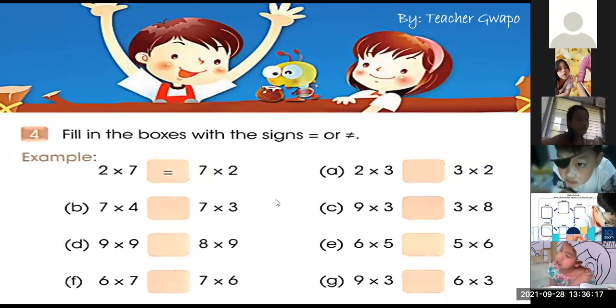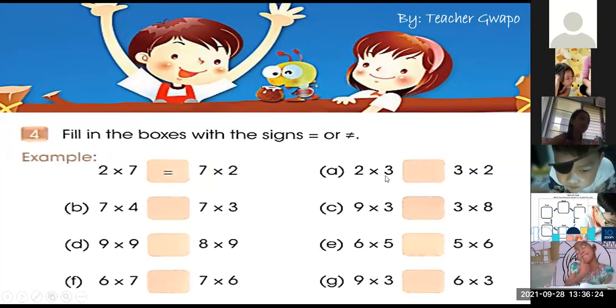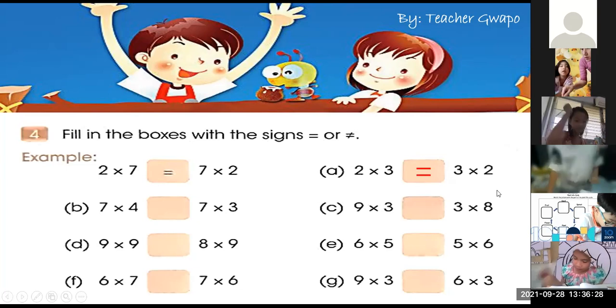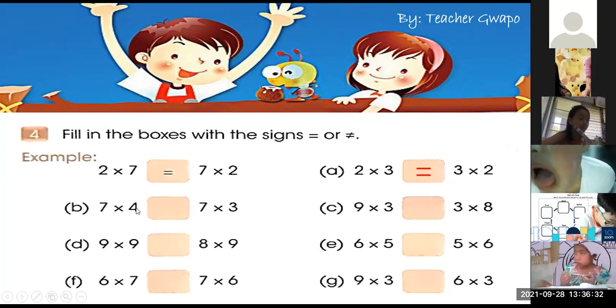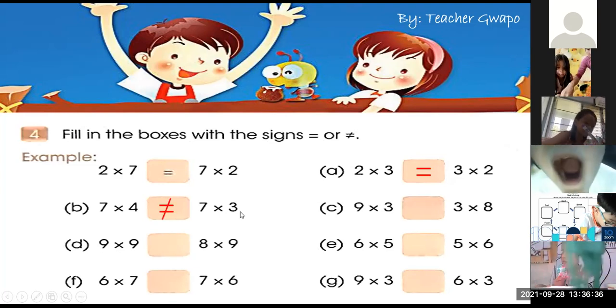If not the same, not equal, right? Just like this in letter A. 2 times 3, 3 times 2. Of course, they're equal, right? Here, 7, 7. 4, 3. Not equal because the numbers are not the same.